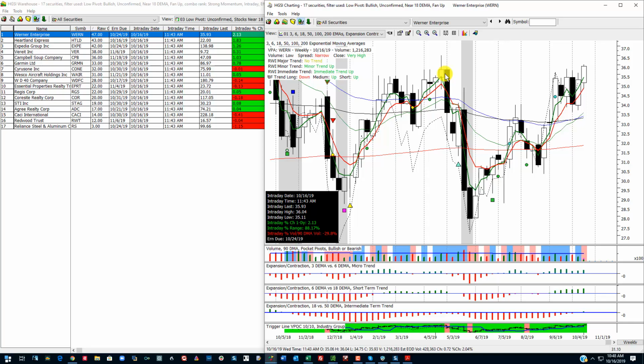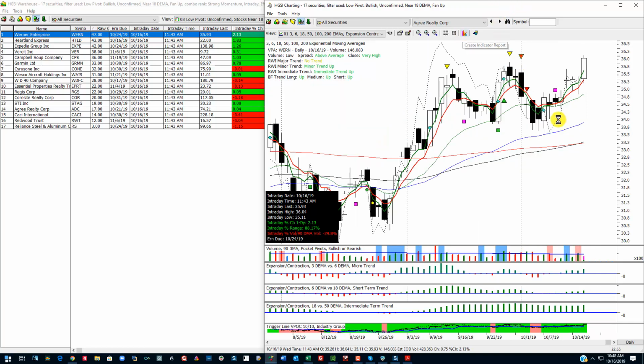Alternate W. Got some resistance coming up here, but it meets the criteria for, let's go back to daily, the pivot and buying beyond the pivot.